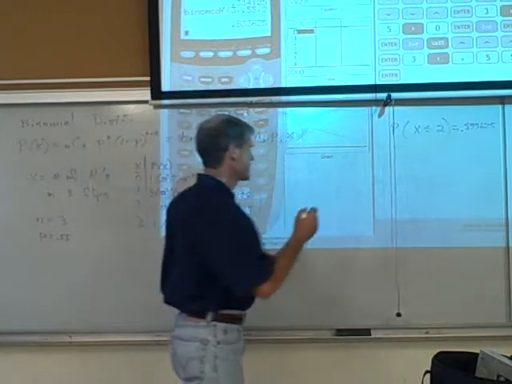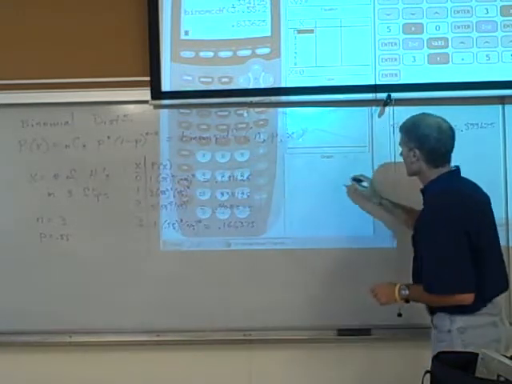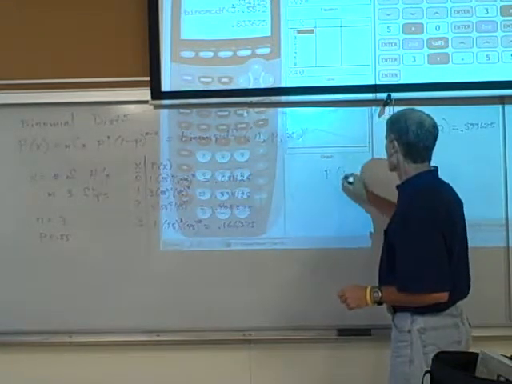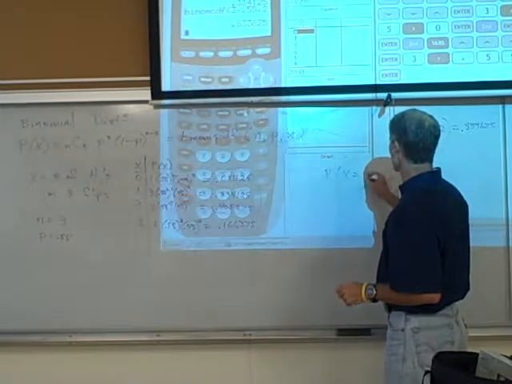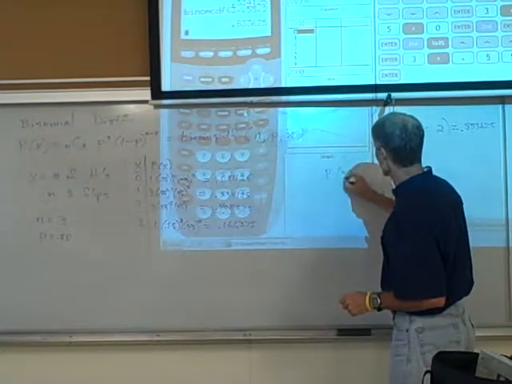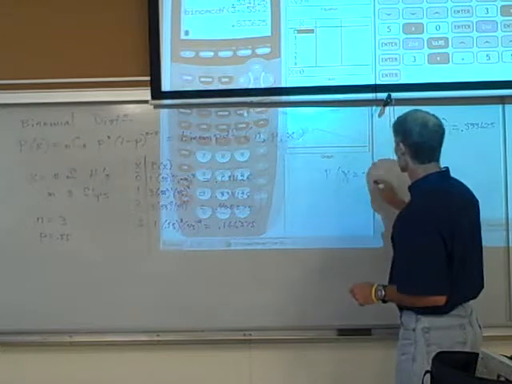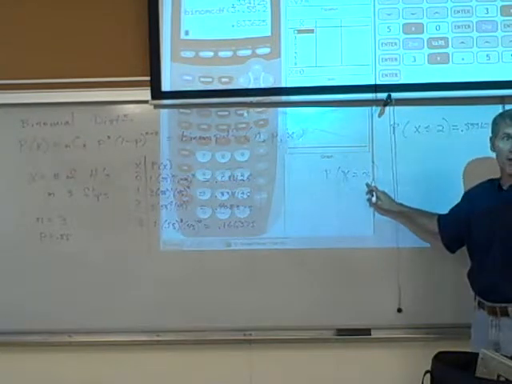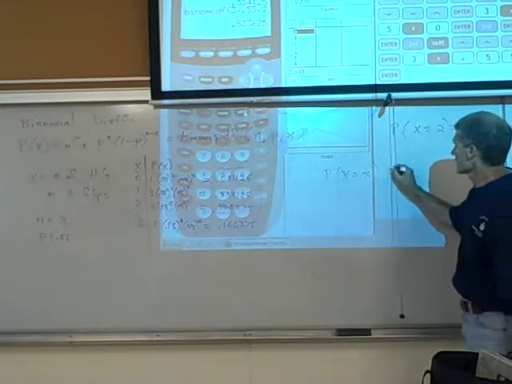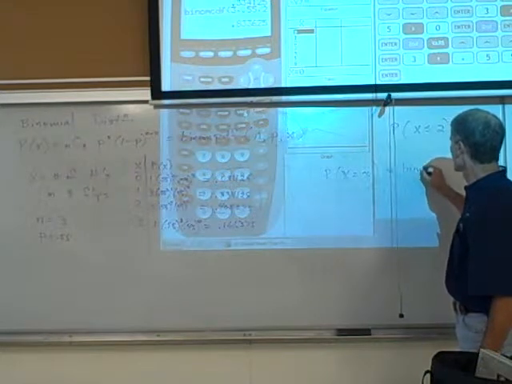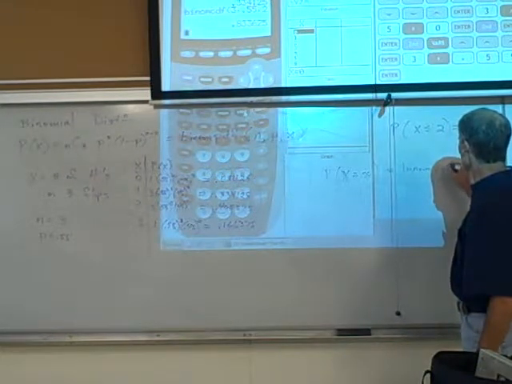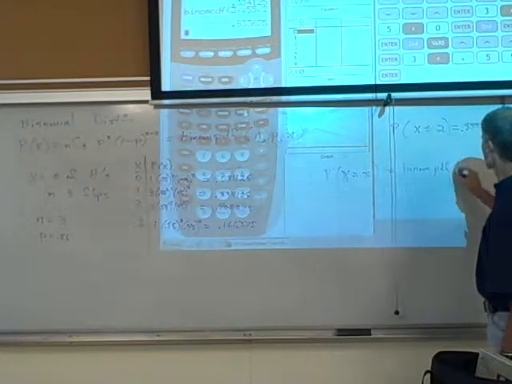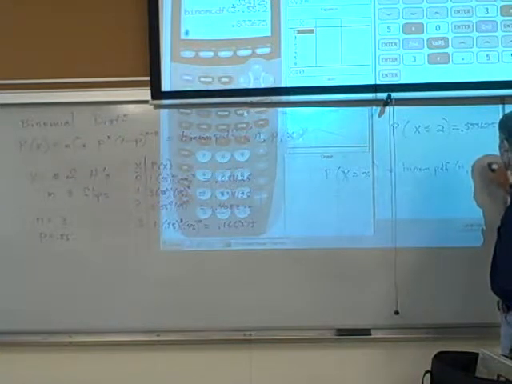So, in summary, here's what we got. The probability that capital X is equal to some little number x, where this is just a number, on the calculator is binom PDF of n, p, and that little x.